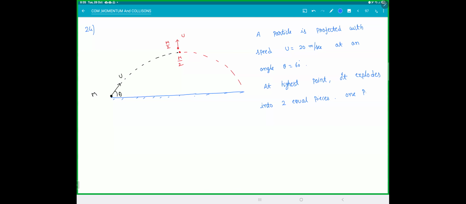The one piece flies vertically with the u, which is 20 meters per second. So find the position where the second particle lands. You can take the initial point as origin. So find the x coordinate of the second particle when it lands.